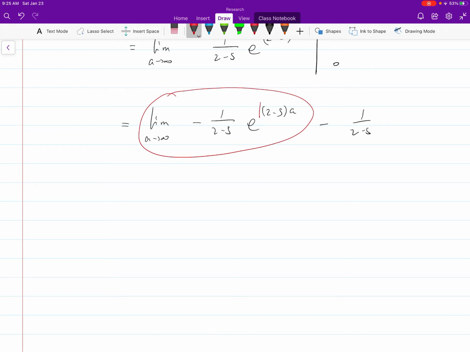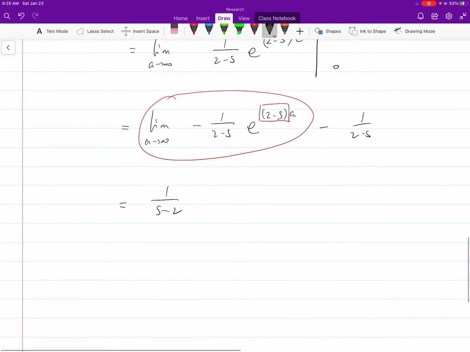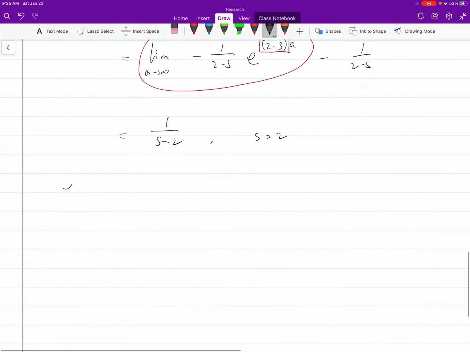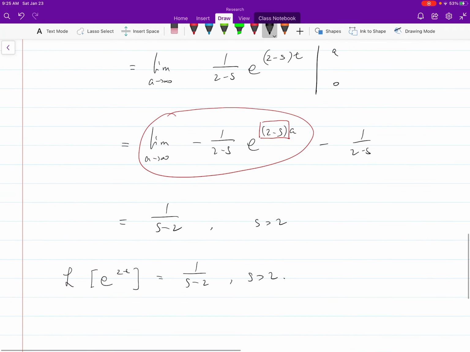Then the only chance we have is to make this exponent negative. That means this part is going to be 0 minus that. Let's simplify a little bit, switch the order with the negative. This only works when 2 minus s is less than 0, which means s is bigger than 2. So L of e to the 2t equals 1 over s minus 2 for s bigger than 2.